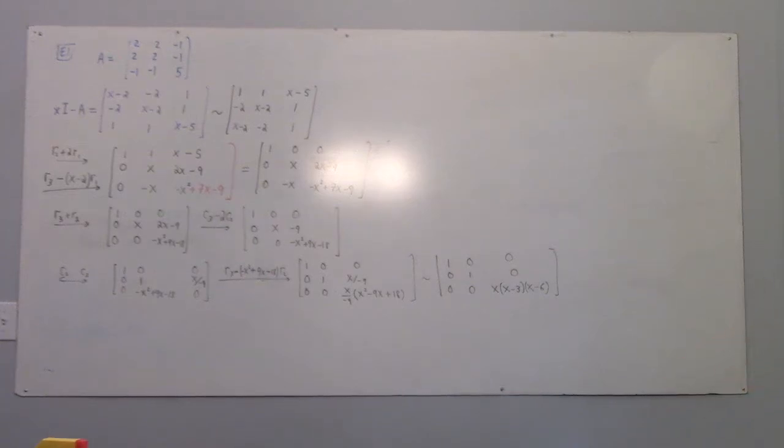So I use that middle one to clear out the x over minus 9, and then I multiply the third row by that. This is the Smith normal form of A.